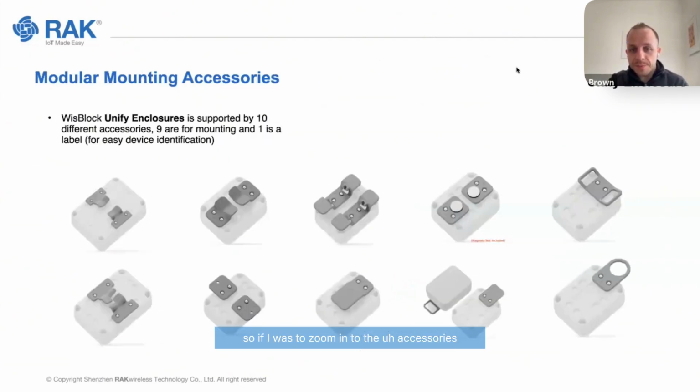If I zoom in to the accessories, this is the concept. Hopefully it's clear: modular mounting accessories are attached to the back of the enclosure. The key feature is that there are many in the range, covering pole mount, DIN rail mount, magnet mount, wall mount, and everything in between. Again, we'll come to these in more detail later, and I'll show them in the video.